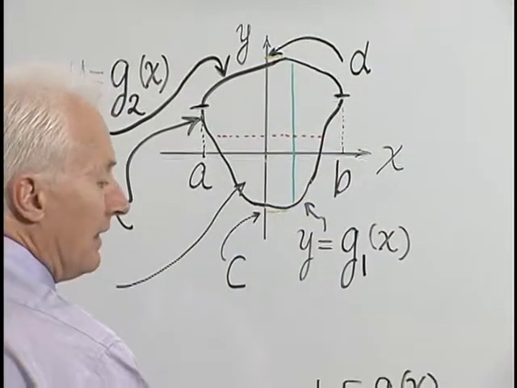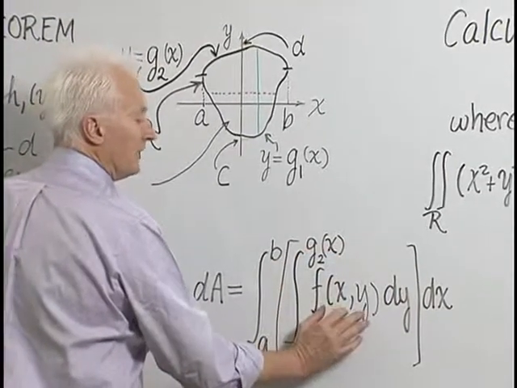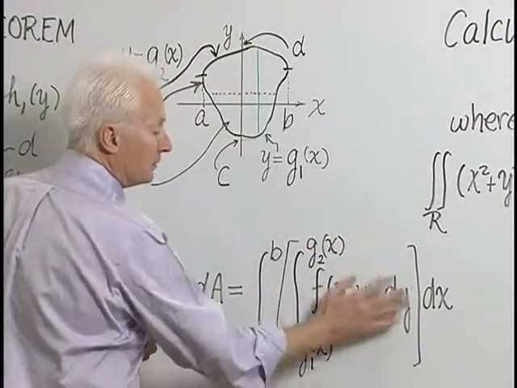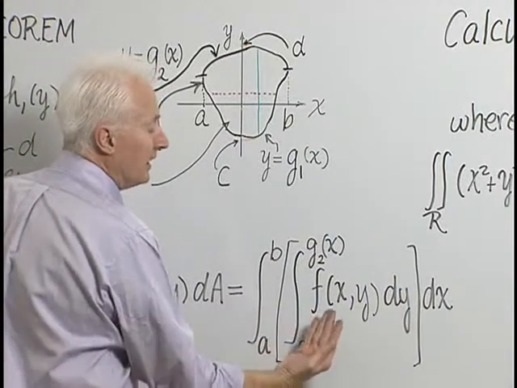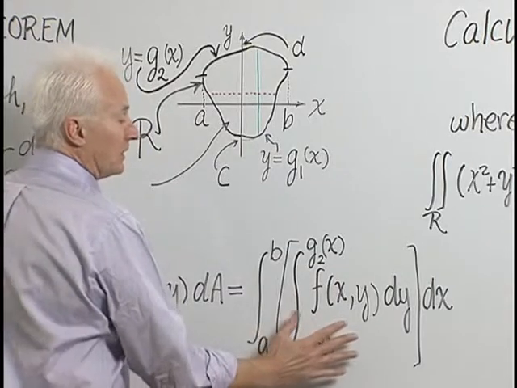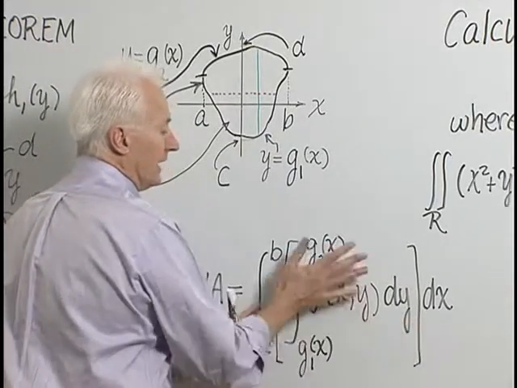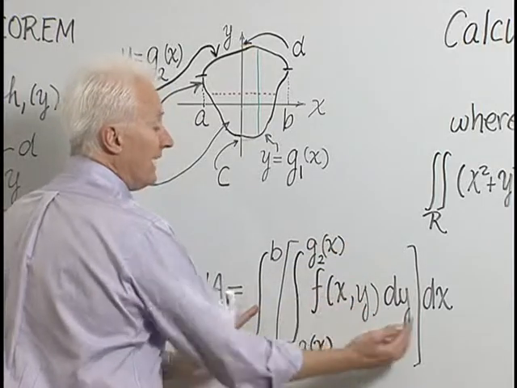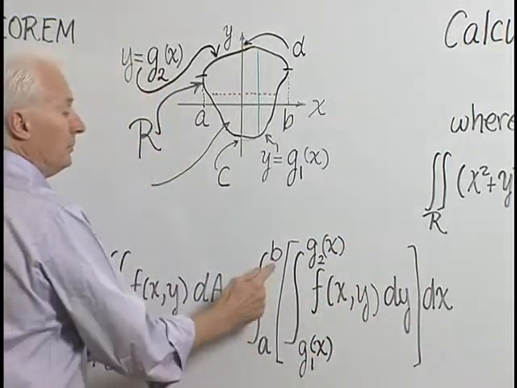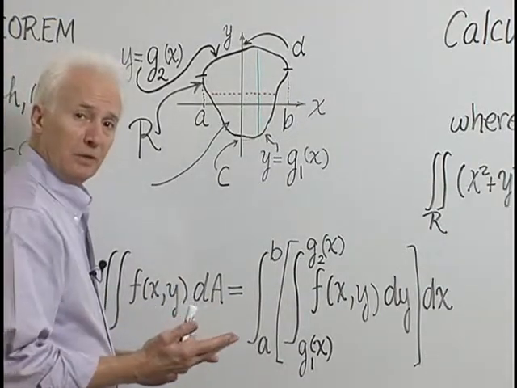And so now we have the integral from g1 of x to g2 of x of f of x,y dy. And notice once that integration is done, the result is a function of x alone. And so consequently, what we've got to integrate now is this complicated, possibly, function of x from a to b. And that gives us another way of computing the double integral.